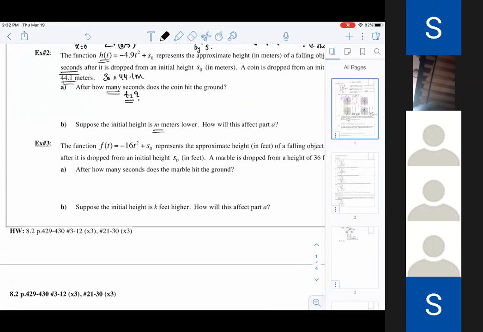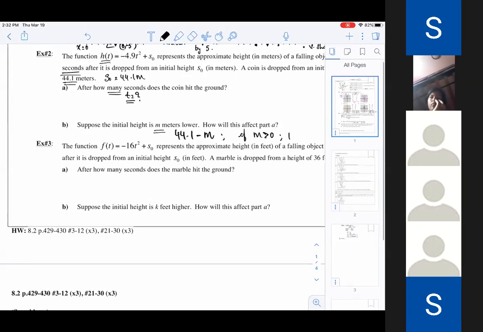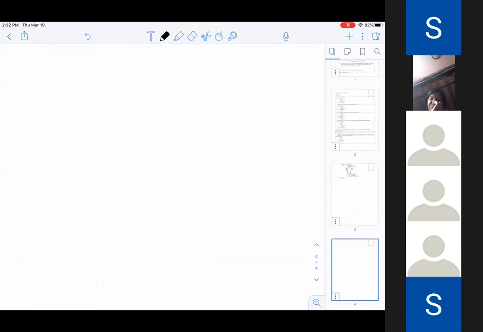So it's going to be 44.1 minus m, correct? And if m is greater than 0, which means a positive number, tell me a positive number. 1. Then what will be the initial height? 43.1.